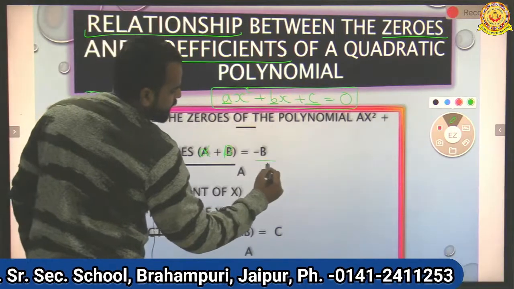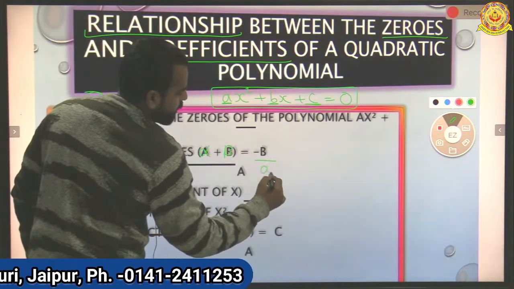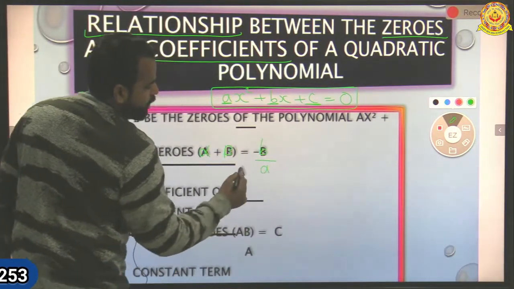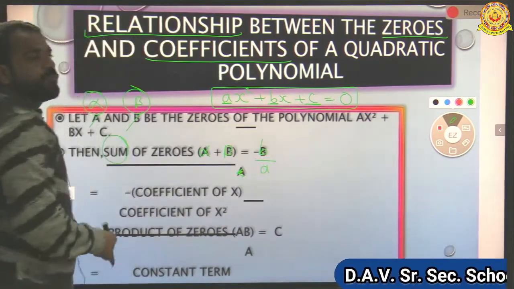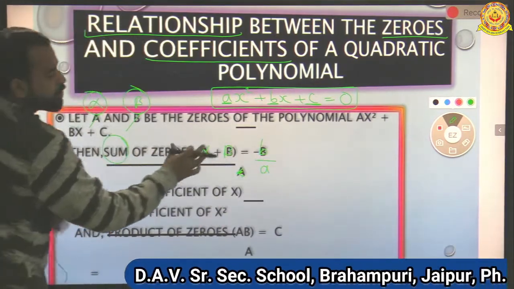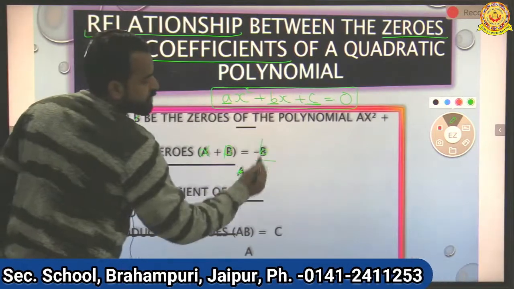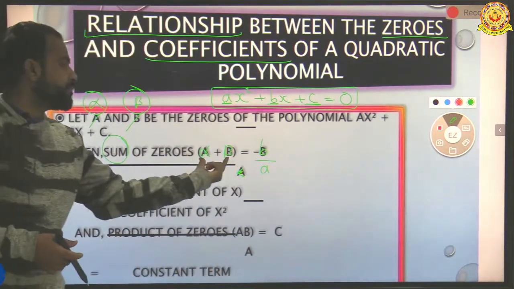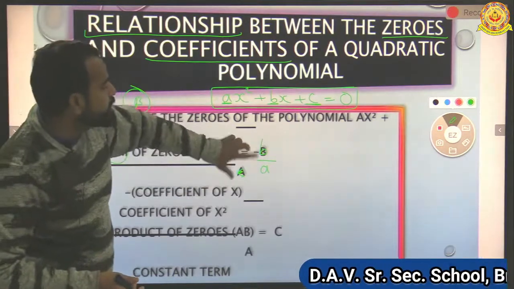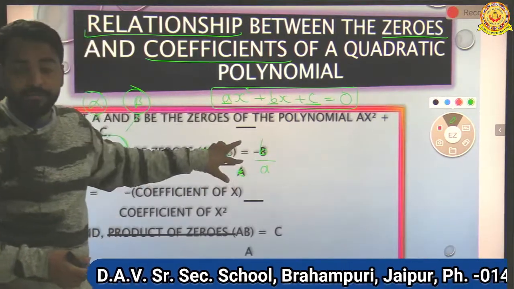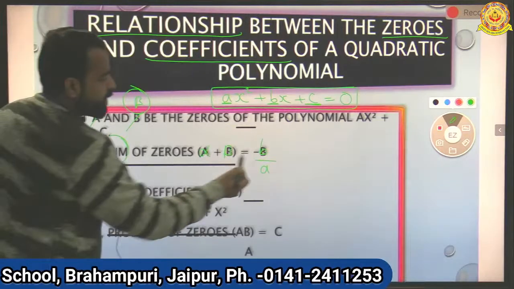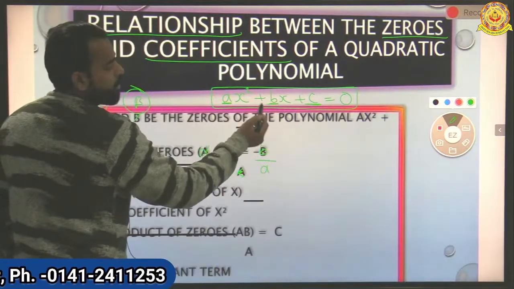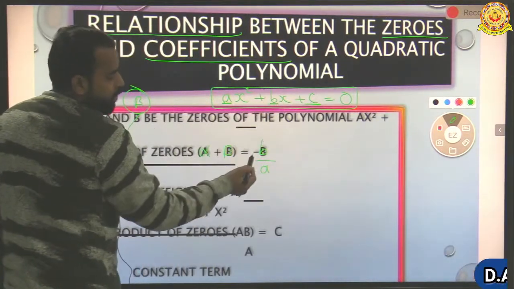We can write it here, minus b upon a. Sum of the zeros alpha plus beta is equal to minus b upon a. So that is the relationship between the zeros, alpha and beta, and the coefficients, a and b. Minus b is the coefficient of x along with the minus sign.